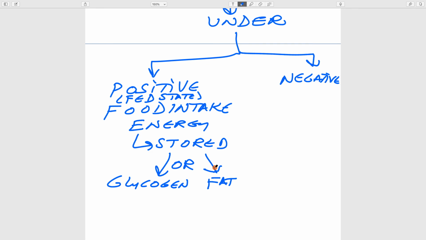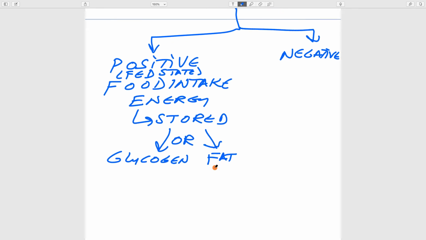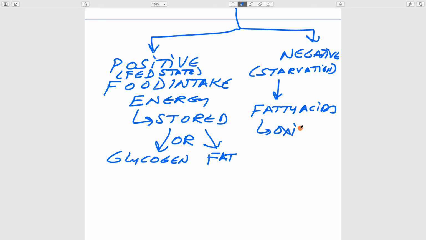Negative means when we are in the fasting state, let us say starvation or prolonged fasting. In these conditions, the fatty acids are oxidized in preference to glucose.